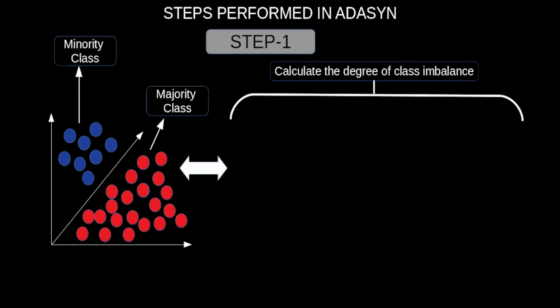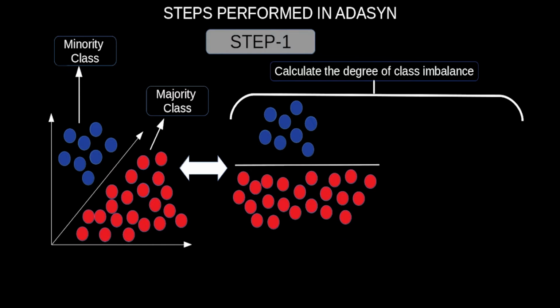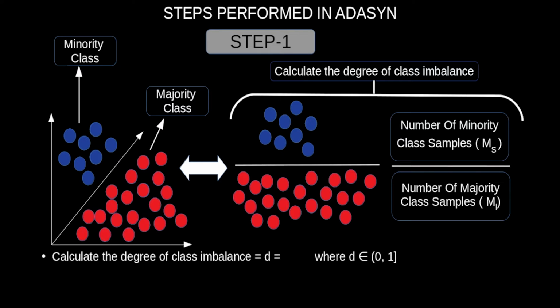This is calculated as the number of samples belonging to the minority class divided by the number of samples belonging to the majority class. We calculate the degree of class imbalance represented by small d, which equals ms by ml, that is the number of minority class examples divided by the number of majority class examples.